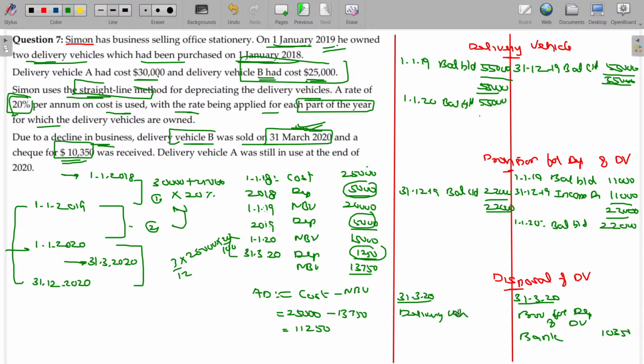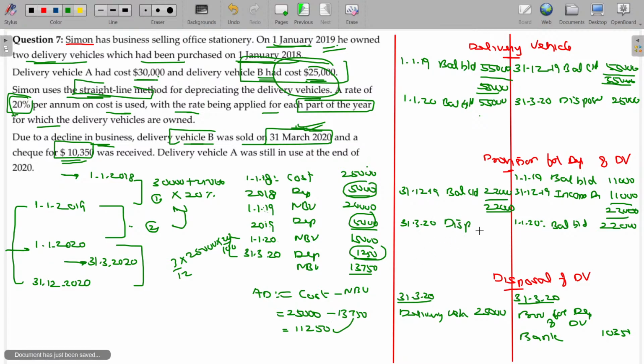Now, this amount is transferable from here. 31/3/20, disposal. The value here being 25,000. The original cost will be transferred. And accumulated depreciation on this delivery van is transferable from here to here. 31/3/20, disposal.